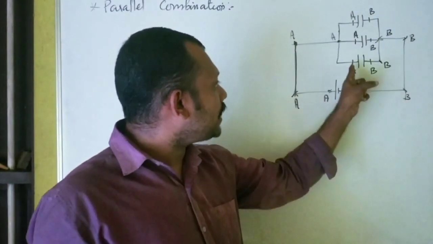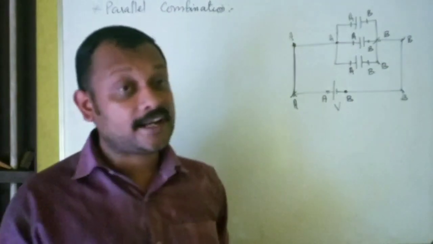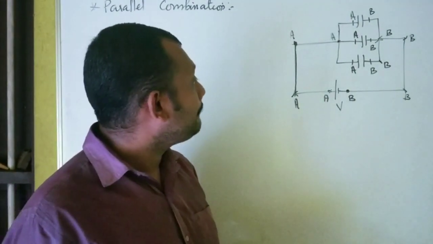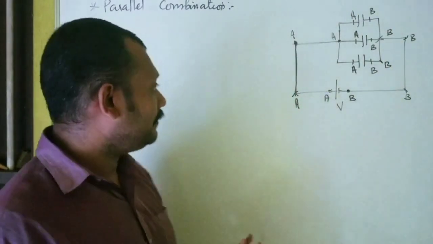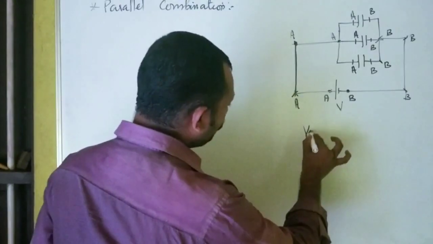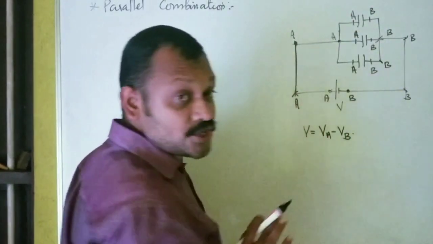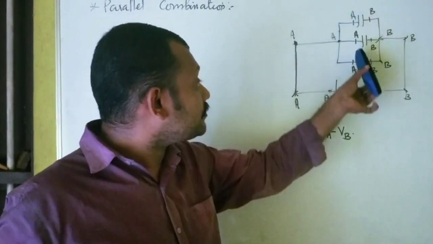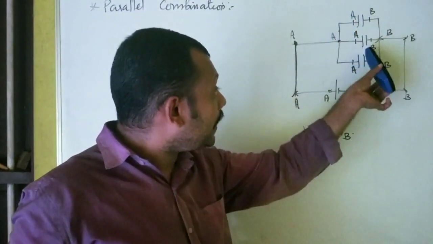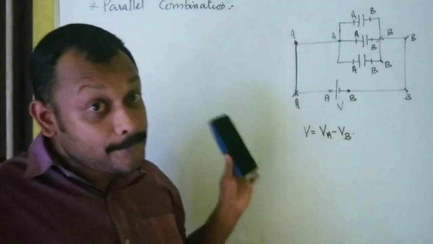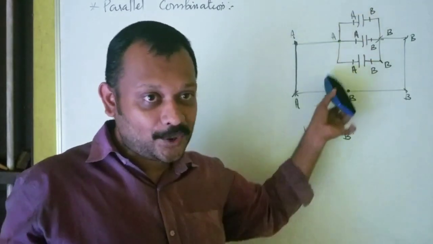One plate of each capacitor is connected to the terminal A. The other plate of each capacitor is connected to the terminal B, which means the potential difference across each capacitor is VA minus VB. I repeat, one plate of each capacitor is connected to the terminal A, that is, to the same potential.